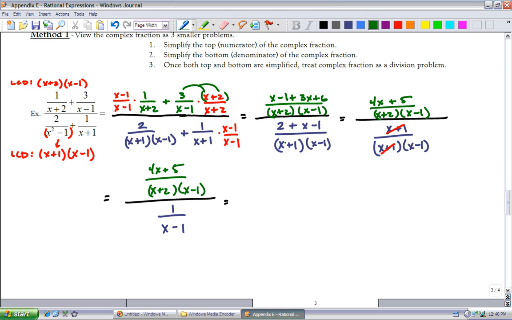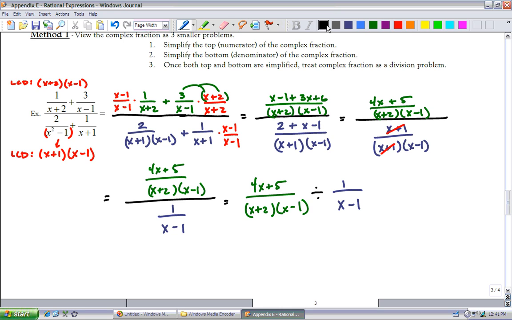That's all it means. So I have my 4x plus 5 all over x plus 2, x minus 1. And this complex fraction is really saying that you're dividing that by 1 over x minus 1.